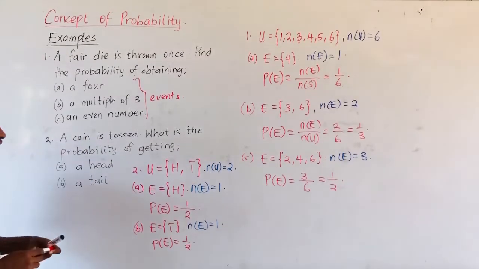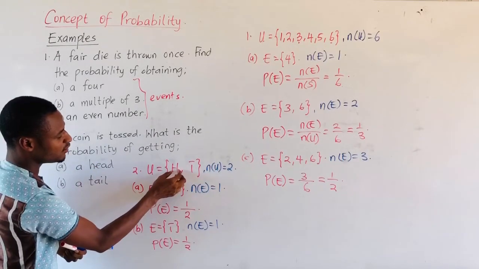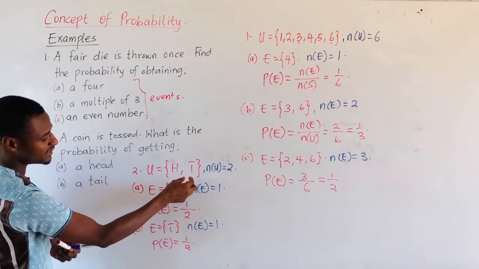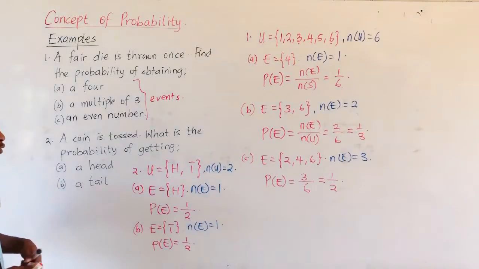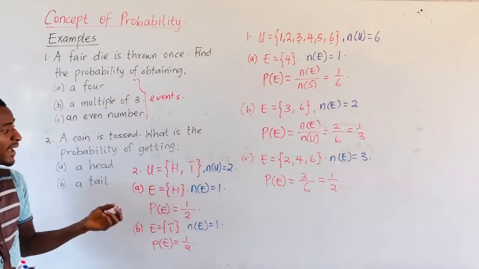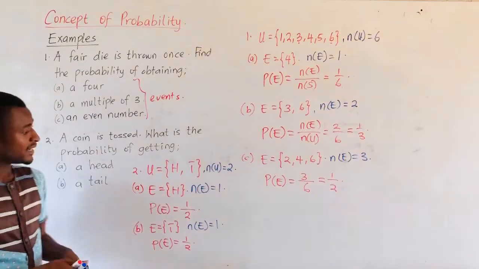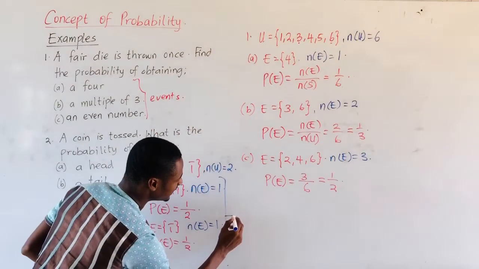Now you notice that in this experiment, the probability of getting the head is 1/2, which is the same as the probability of getting a tail. In a situation where the probability for obtaining each event is the same, then we will say that the events are equally likely.